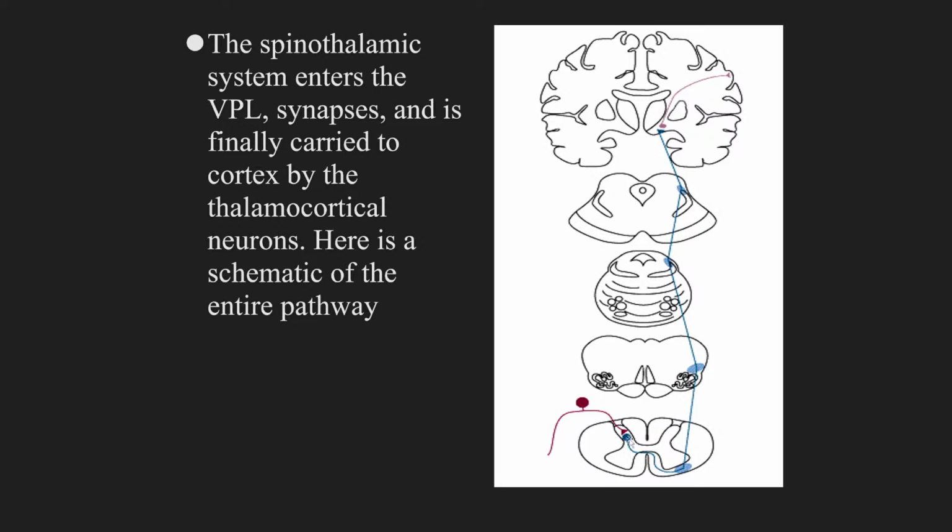And here in the dorsal column there is also a possibility of an additional interneuron. Everything ends in the VPL, in the thalamus again, and this is the final point for all sensory tracts also. You should remember that the thalamic nucleus is always the end point. So this is a schematic of the whole pathway.